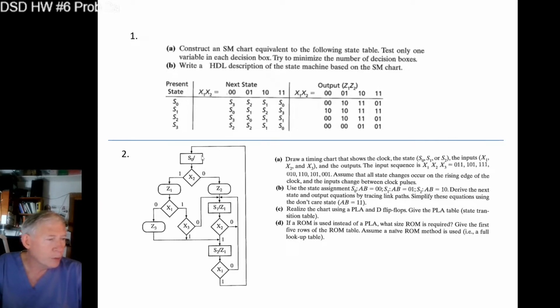So 0, 0, 0, 1, and 1, 0 for these three states, and then there's a don't care state of 1, 1. So we have to account for all the paths in where A is a 1. Well, it's just S2. How many paths into S2 do we have? Well, we've got a path that comes from S1.